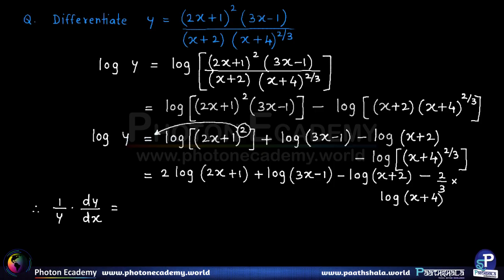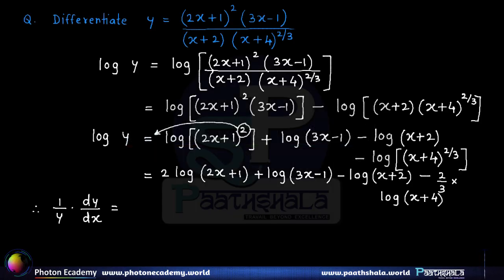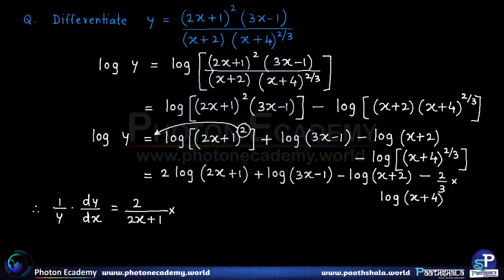So this is equal to, now on the right hand side we differentiate first 2 into log of 2x plus 1. So 2 will remain as it is, it's a constant. Then the derivative of log of 2x plus 1 will be 1 upon 2x plus 1 multiplied by the derivative of 2x plus 1. So here also we use the chain rule, and the derivative of 2x plus 1 is nothing but just 2 because that's the derivative of 2x, and the derivative of 1 is 0.